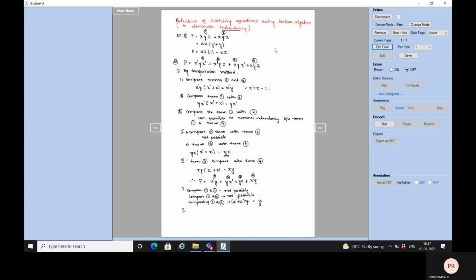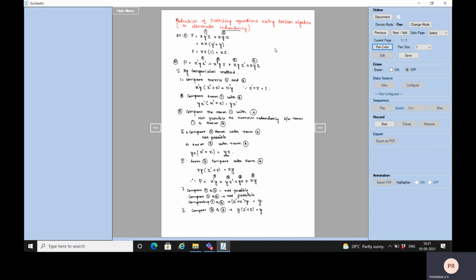Yz bar, compare terms 2 and 3. Here you can see that y is common, and z bar and z will be removed because of Boolean laws in digital fundamentals.